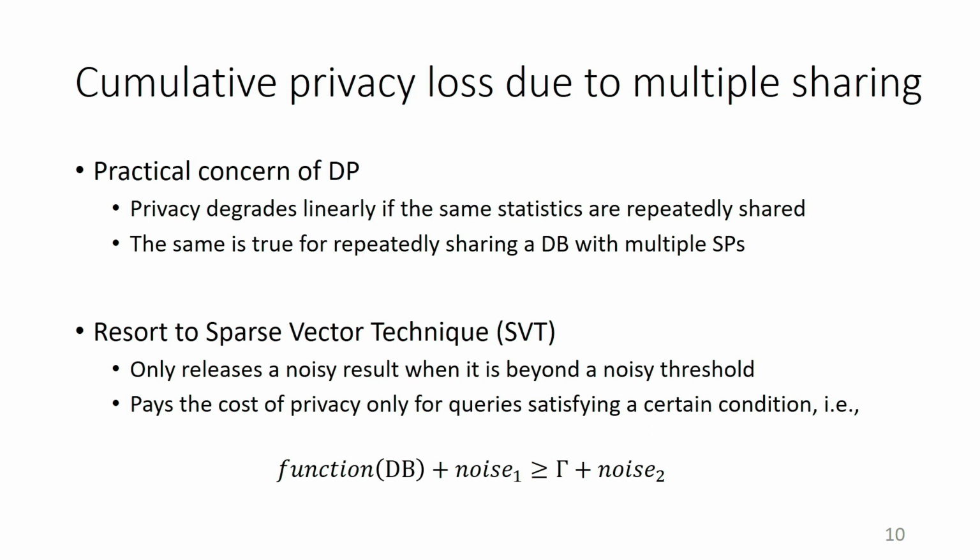It only releases a noisy result, for example a noisy database, when it is beyond some noisy threshold. This SVT technique only pays the privacy cost when the query satisfies some condition. So this is the general condition for SVT: a randomized function applied on a database plus some noise is larger than a public threshold gamma plus another noise. As long as this condition holds, we can release this database.